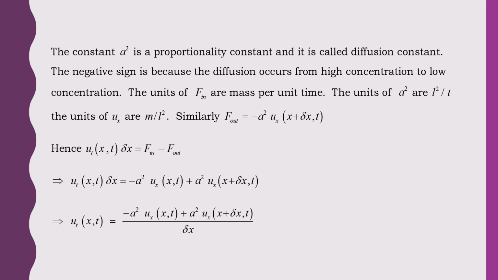Because f sub in is directly proportional to u sub x, we have found that the flux in equals minus a square u sub x of x comma t. The constant a square is a proportionality constant. The minus sign is because the diffusion occurs from higher concentrations to lower concentrations.